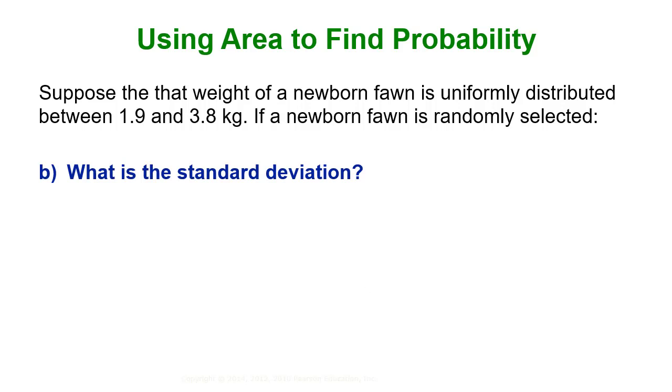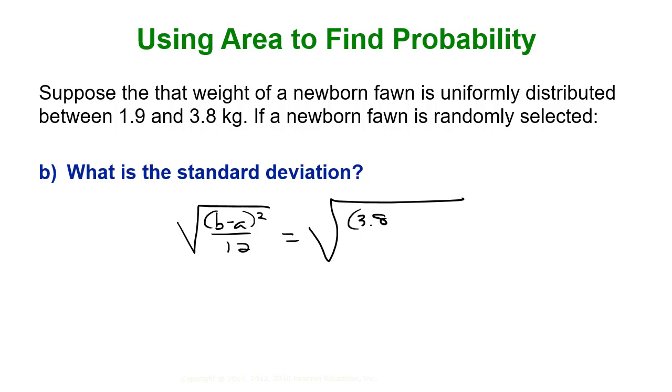All right, how about the standard deviation? Well, again, we've got a fairly simple formula: the square root of B minus A squared all over 12. All right, plug in what we got. So 3.8 minus 1.9 squared all over 12.